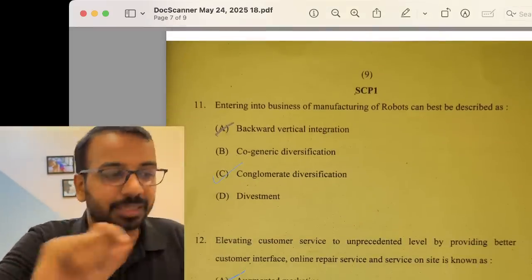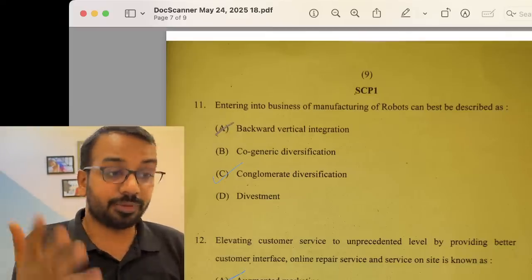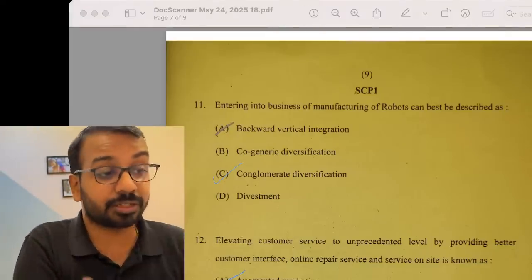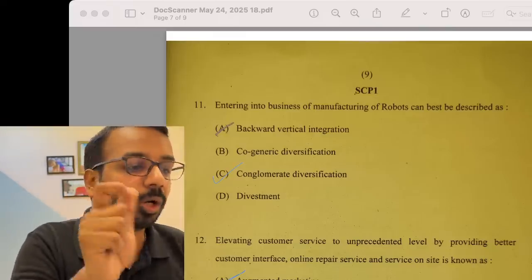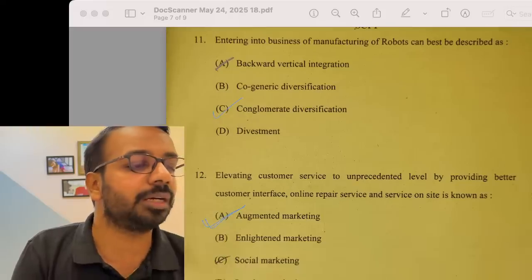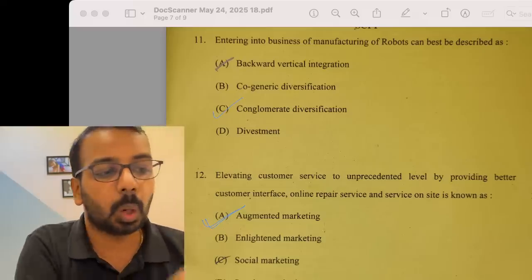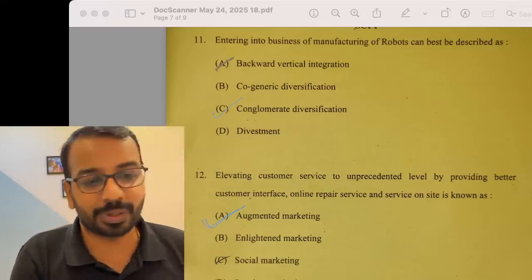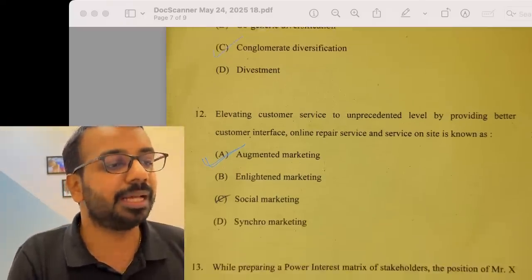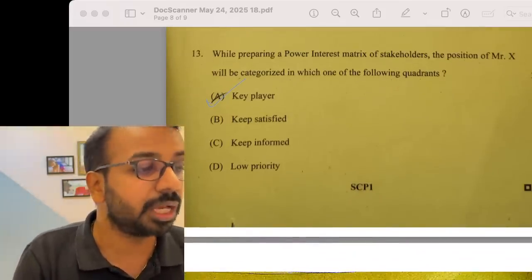There is a statement in the case where they have said it is not related, so we can assume it's conglomerate diversification. Then the 12th one is augmented marketing. You can check my notes also; online repair services are a specific example of augmented marketing. Then the 13th one, key player CEO, is a straightforward, easy question.